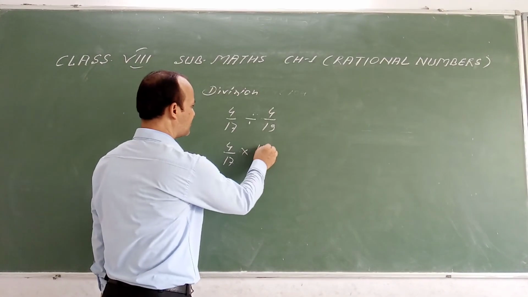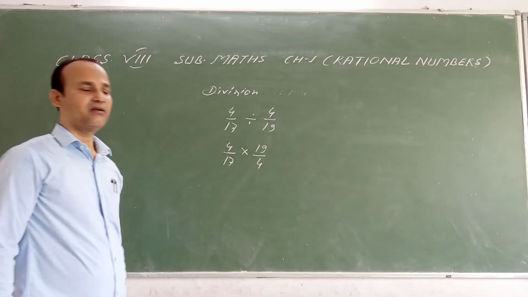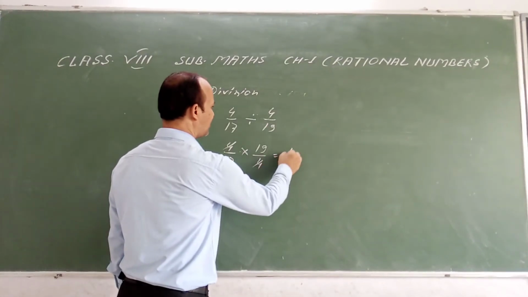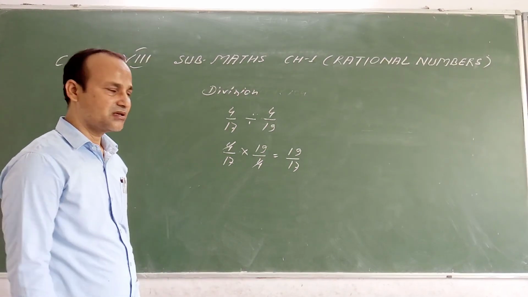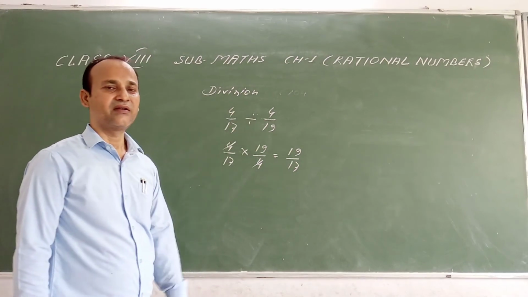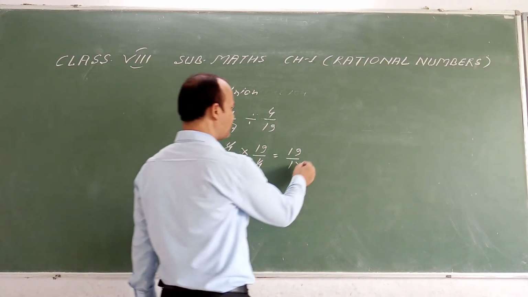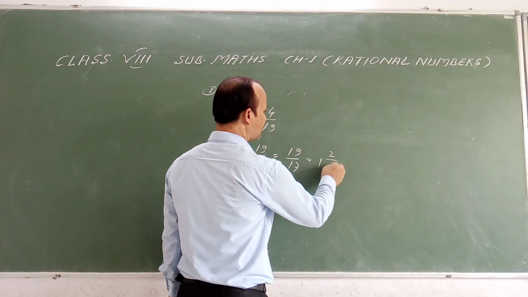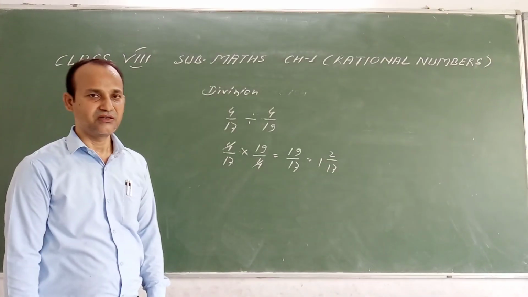That will be 19 upon 4. The same way as we multiply, the 4 will be cancelled, and now 19 upon 17 is the result of division of 4 by 17 and 4 by 19. It's an improper form. You can write it as a mixed number, 17 1s are 17, remainder will be 2, and it's 17. By this way you can divide the rational numbers.